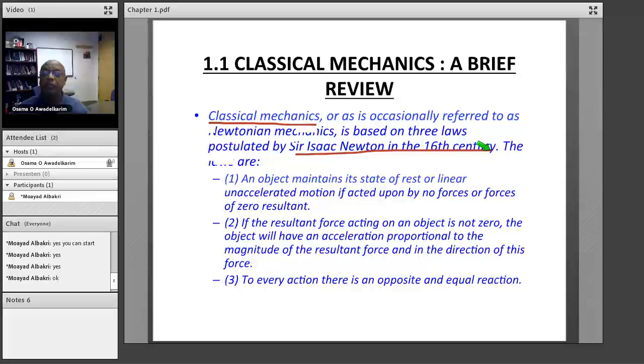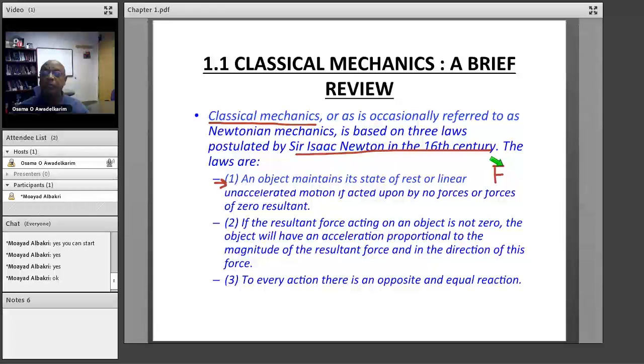The first law states that an object maintains its state of rest or linear and unaccelerated motion if acted upon by no forces, or forces of zero resultant.